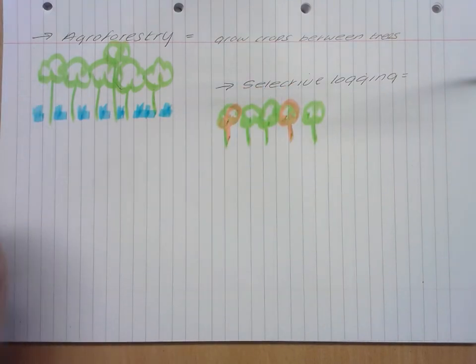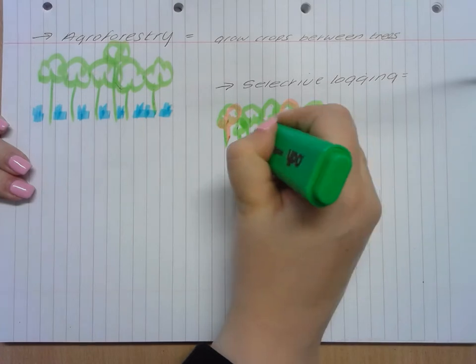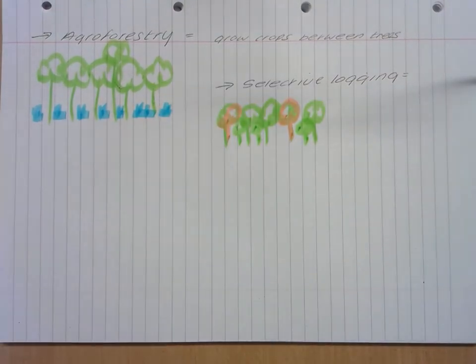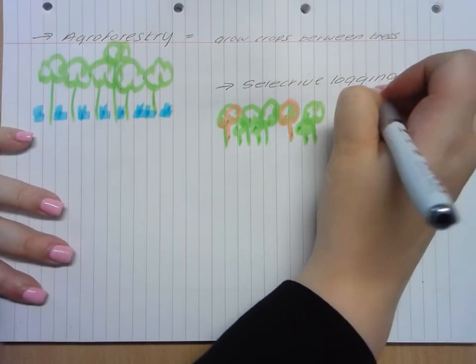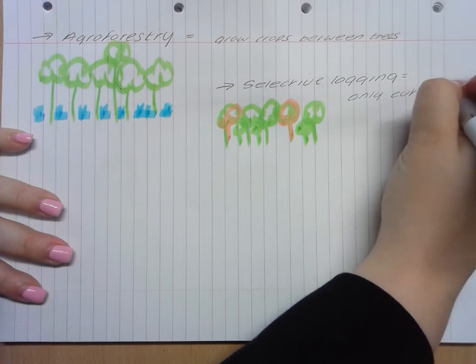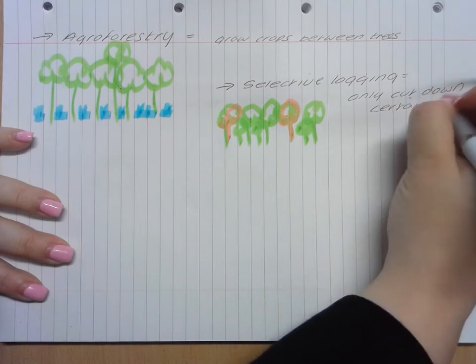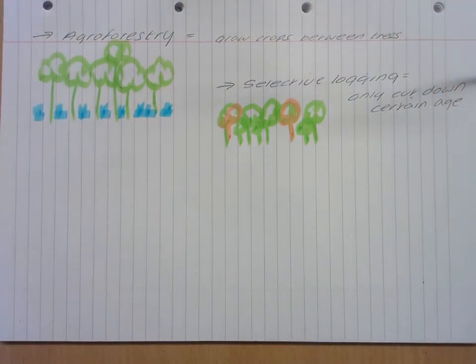You cut those down, but all the younger trees, you leave them to grow up. So selective logging means you only cut down trees that are a certain age or species. And that means that you leave the younger trees to grow up and store carbon and reproduce.